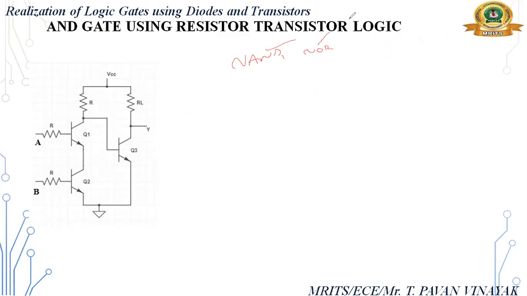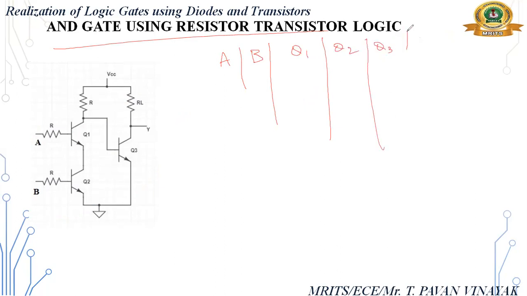Okay, so let us see. This is the AND gate using resistor transistor logic. See what the working is. A, B, Q1, Q2, Q3 and Y. Suppose I am giving 0 volts here, B also 0 volts. What happens? Q1, Q2 will be off.